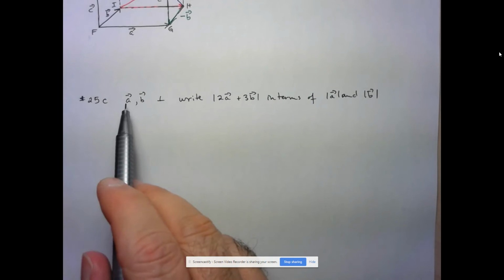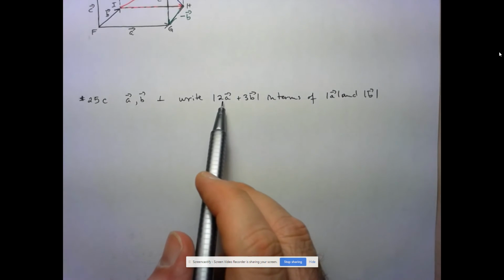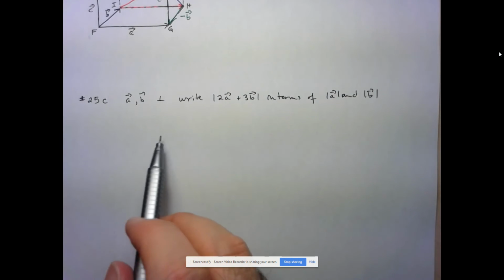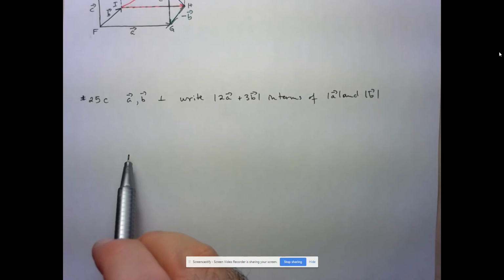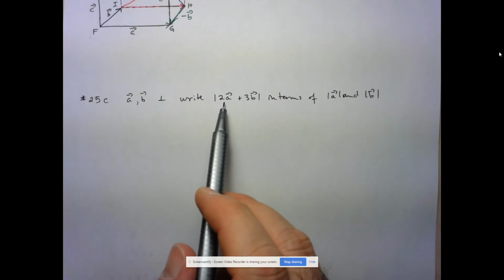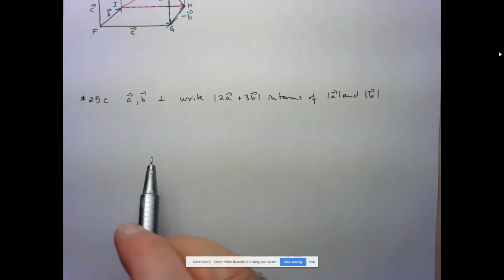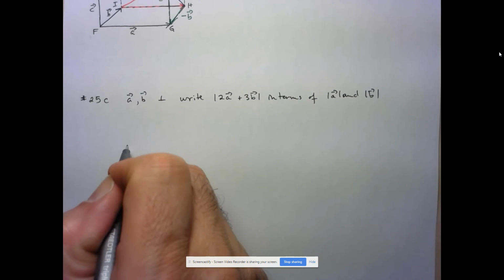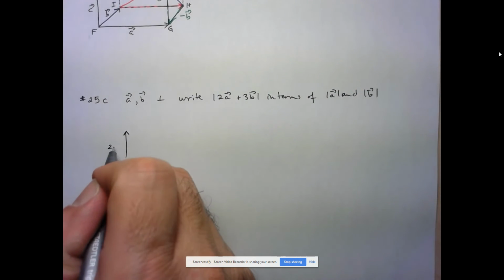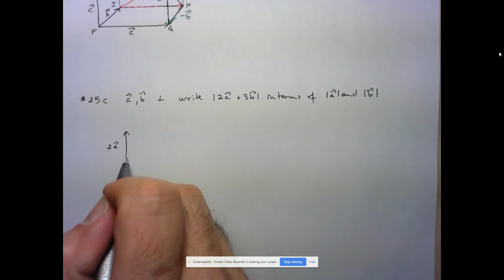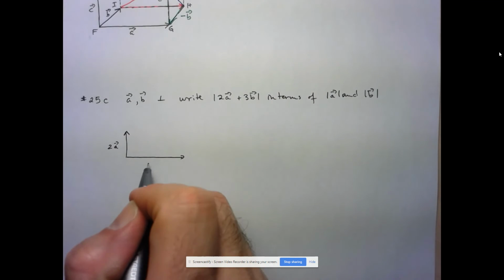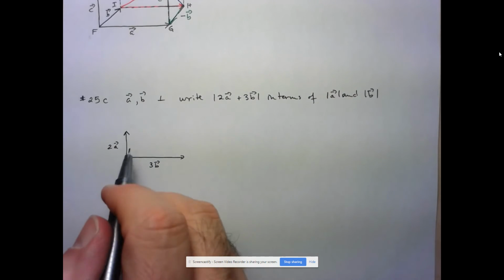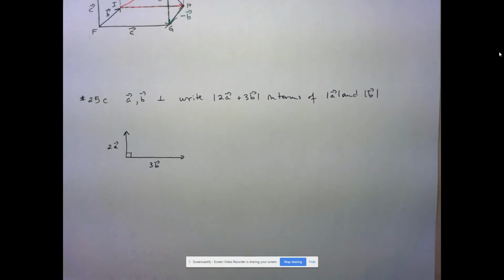If A and B are perpendicular, then 2A is just going to be some vector in the same direction as A, and 3B is going to be some vector in the same direction as B. So these two vectors are also perpendicular. If I say this is the vector 2A, and this is the vector 3B, they don't actually give us any information, but I know that these two vectors are perpendicular.